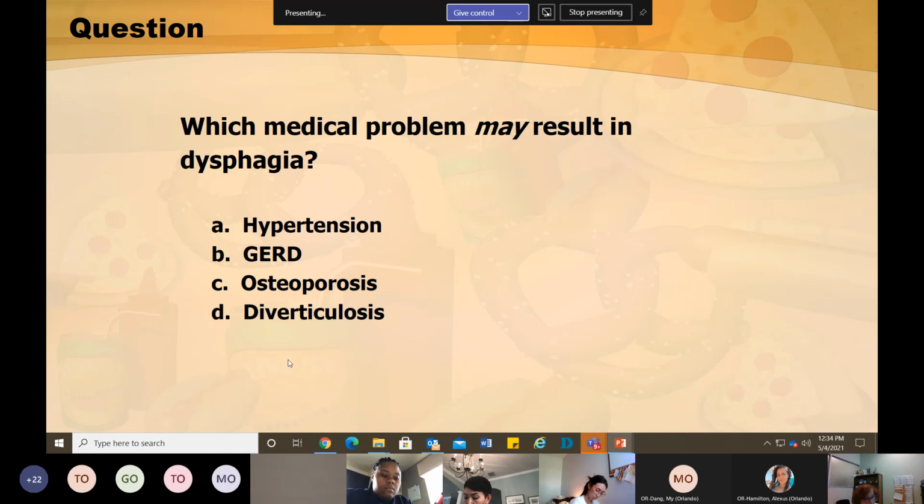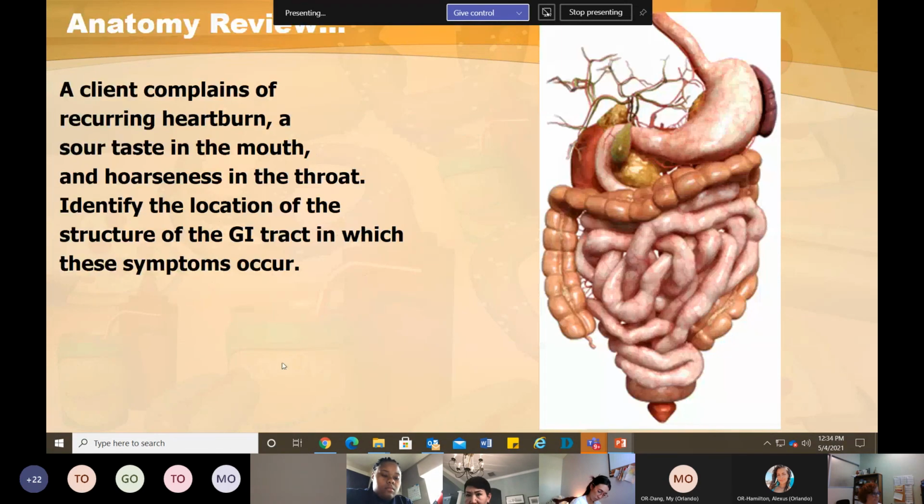Okay, I got a question for you here. A client complains of recurring heartburn, a sour taste in the mouth, and hoarseness in the throat. Identify the location of the structure of the GI tract in which these symptoms occur.